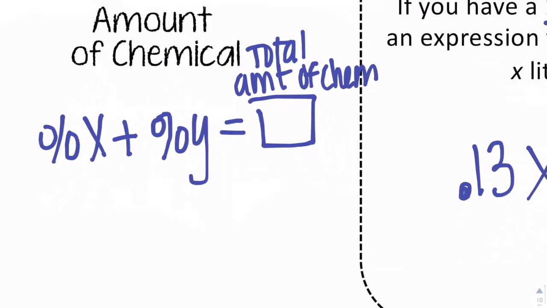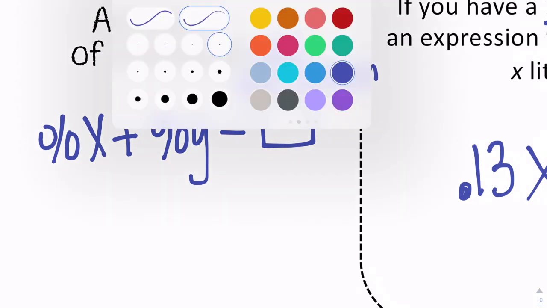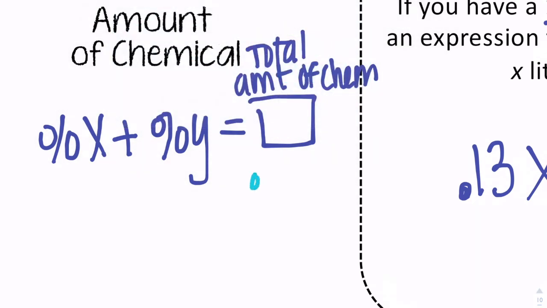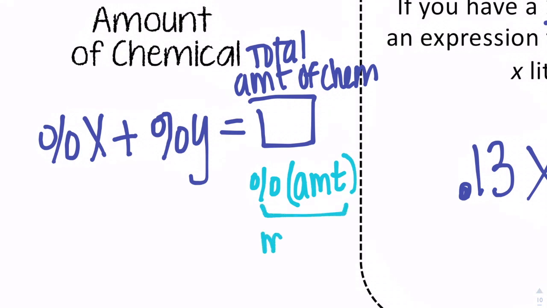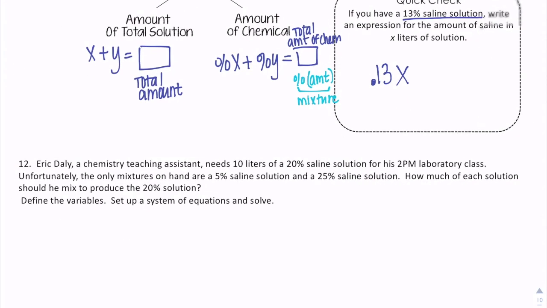And this kind of goes along with cost quantity in the way of, this is going to be calculated by taking the percent you want in your mixture and multiplying it by the amount you want of your mixture, okay? So it's very similar to cost quantity in that way, where you have to multiply to get that last number.